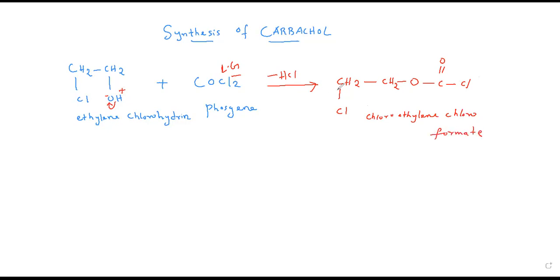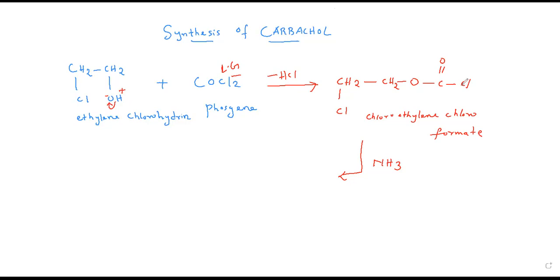Now this compound you are going to react with ammonia. We'll see what happens when you react this compound with ammonia. Compare the electronegativities of this carbon and chlorine. Chlorine has more electronegativity.